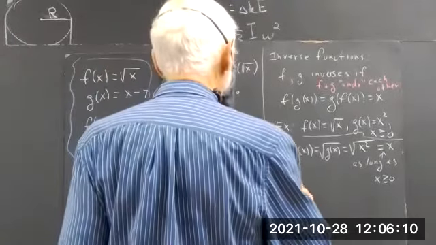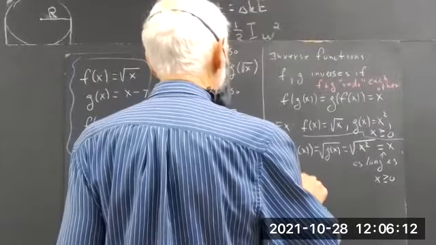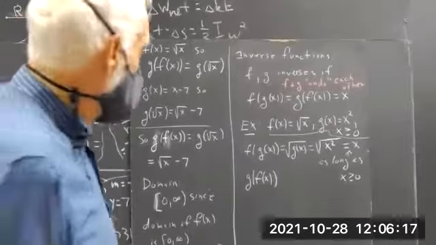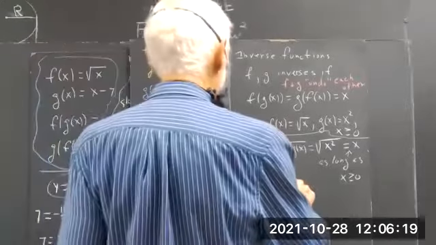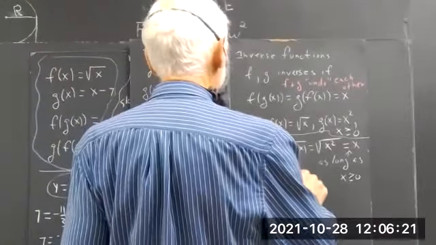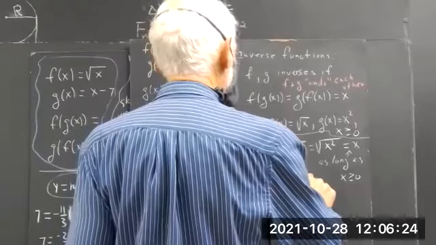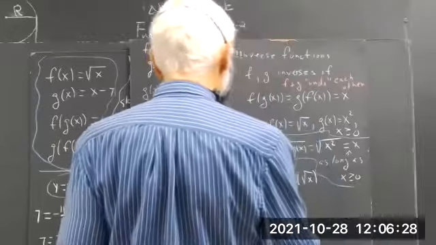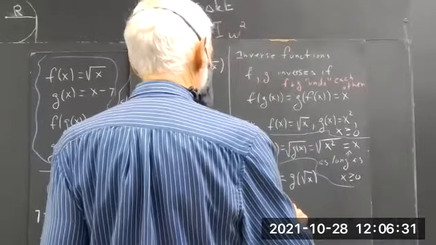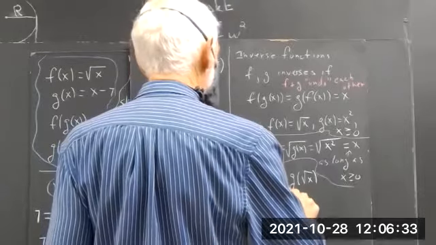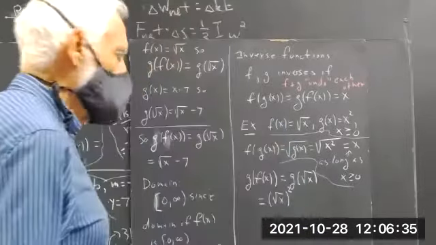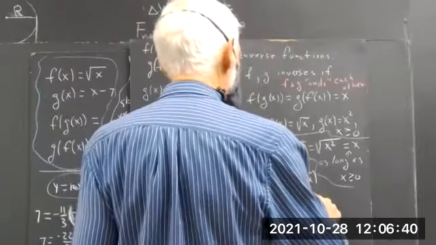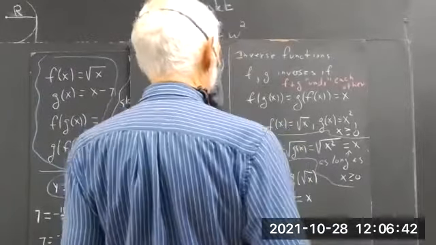And then what's g of f of x? Well, that's g of square root of x, which equals the square of the square root of x, which is just x.